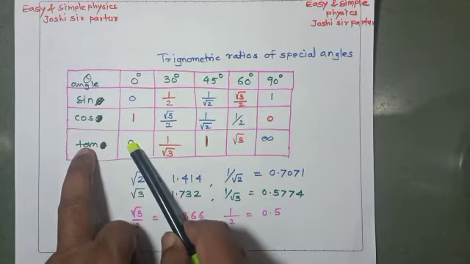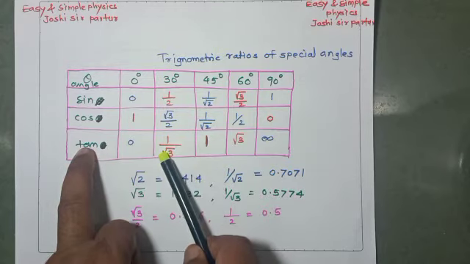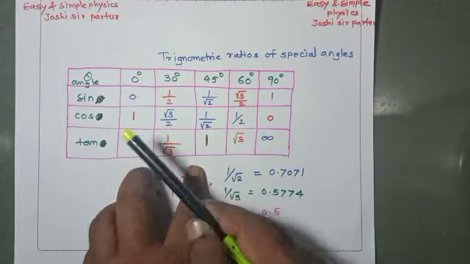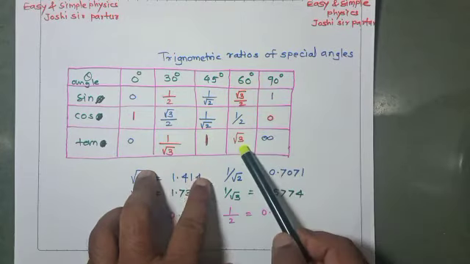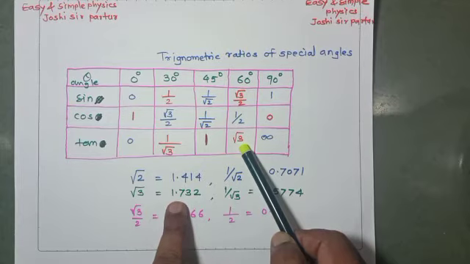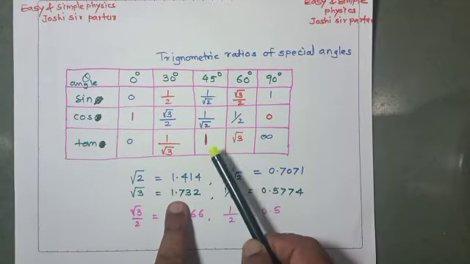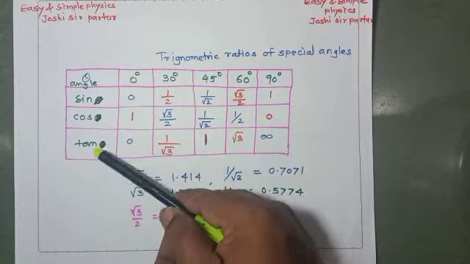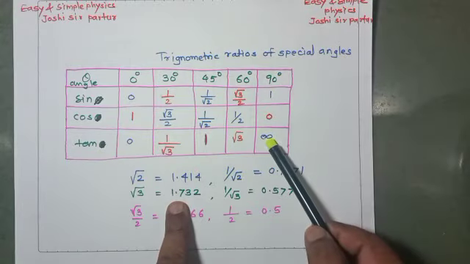So tan 45 is 1, whereas tan 60 degree is square root of 3, having value 1.732, means greater than 1, and lastly tan 90 degree is infinity.